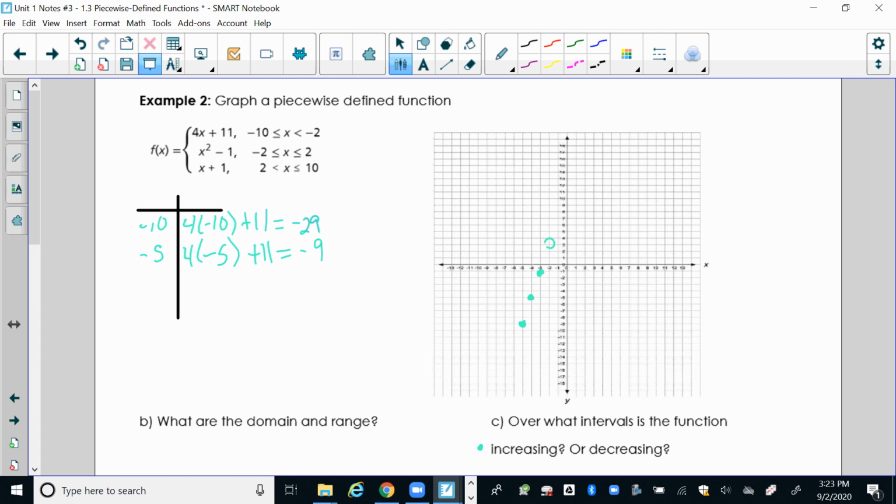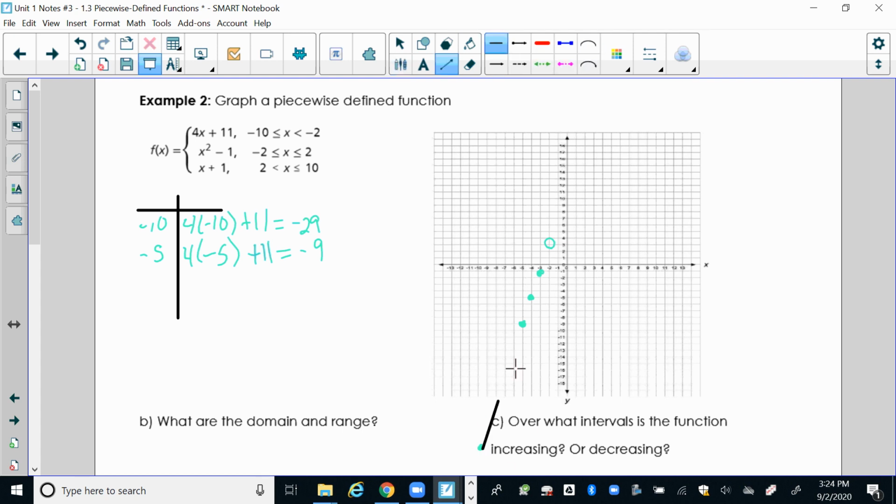And I'm going to put an open circle at this coordinate (-2, 3), because my graph has the shape of 4x plus 11 when x is less than -2, so not equal to -2.